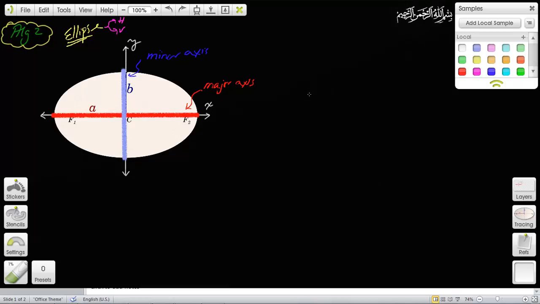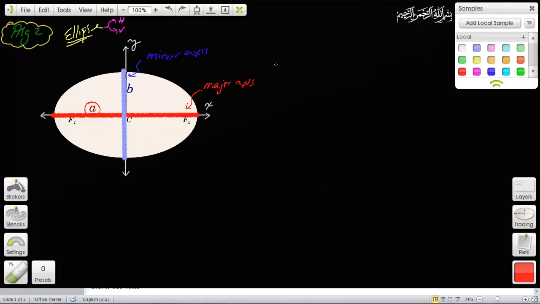So these are the two major axes. Okay. Now, half of the major axis is typically given a name, okay, and you can call it A. So from here to here, half of the major axis is typically given a name with a variable like this, so you can call it A. That too is given a name. Well, it's not called half of a major axis, it's called the semi-major axis, okay?